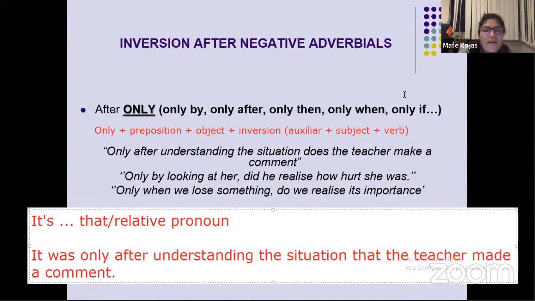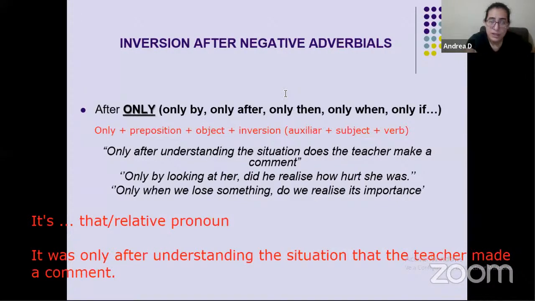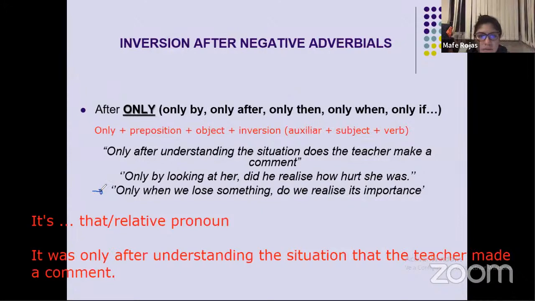And how did you say this example? Only when she was? The last one that you explained, with it's that. It's only when you lose, or when we lose something that we realize it's important.